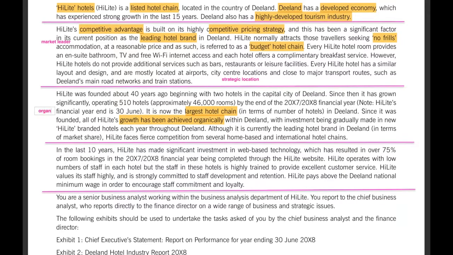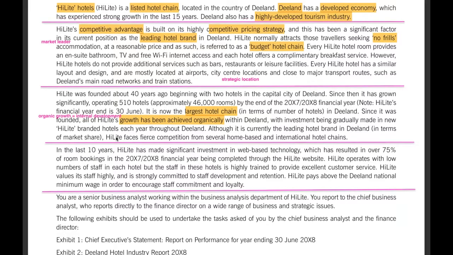Okay, organic here means internal development.